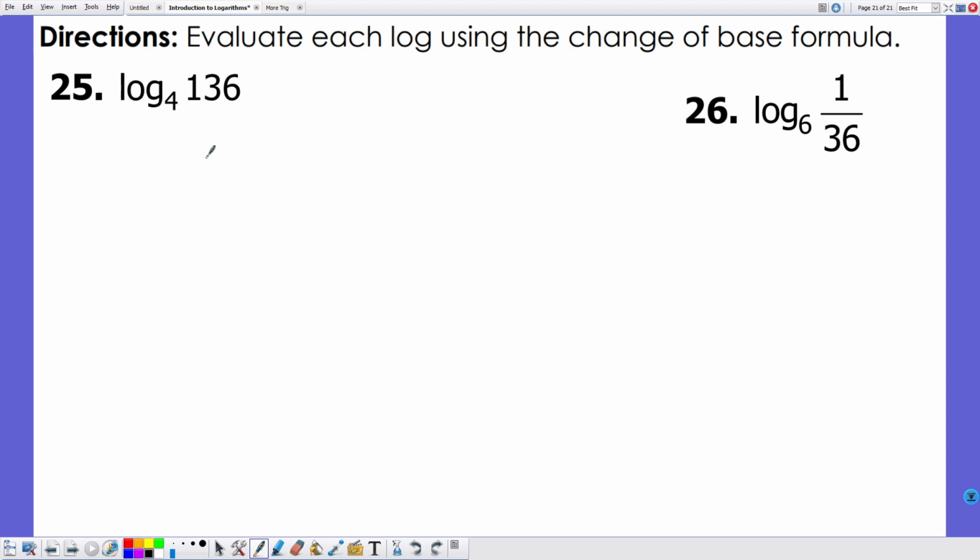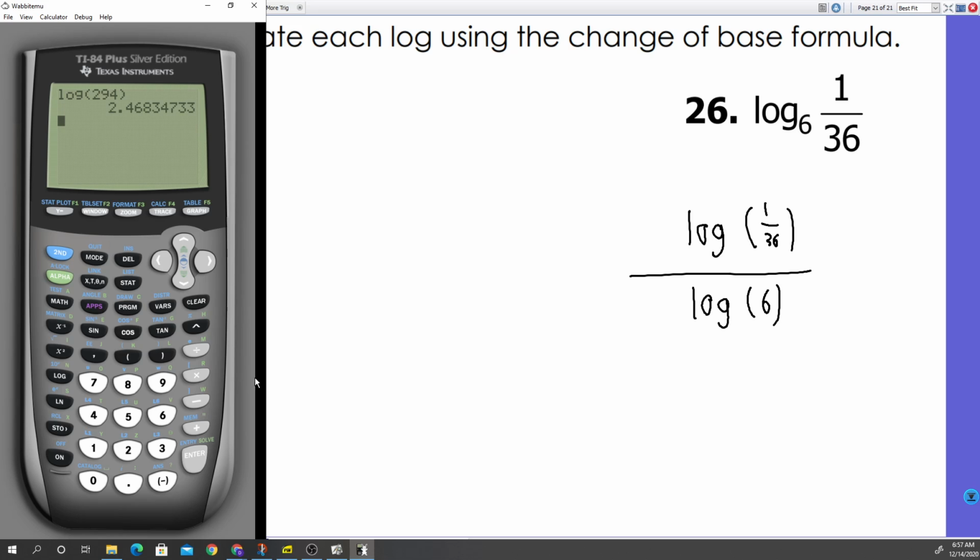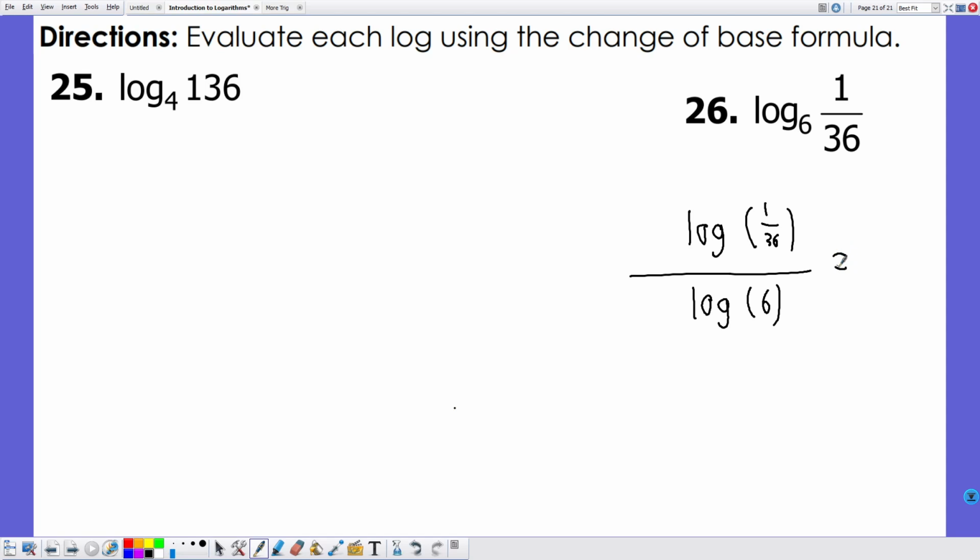All right. So I got log of 1 over 36 over log of 6. So we have the log of 1 divided by 36 divided by the log of 6. I get -2. Ooh, that's kind of interesting. Looking at the problem, that's basically saying 6 to some x power is 1 over 36.